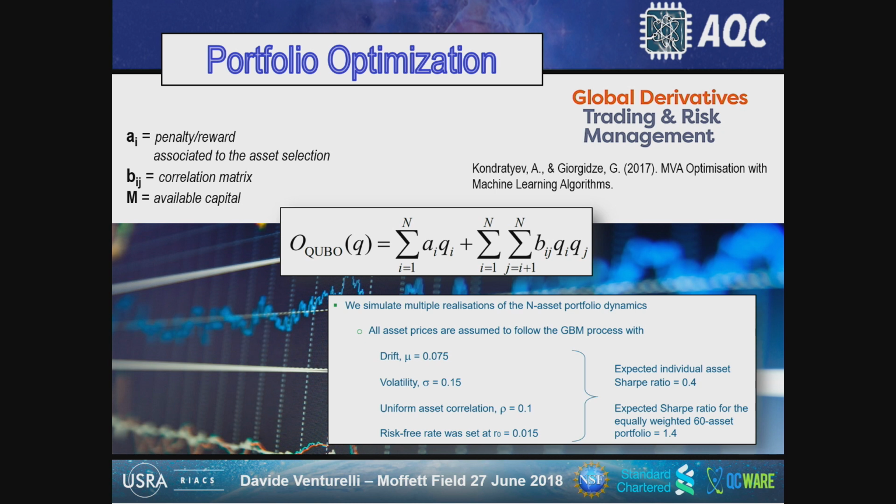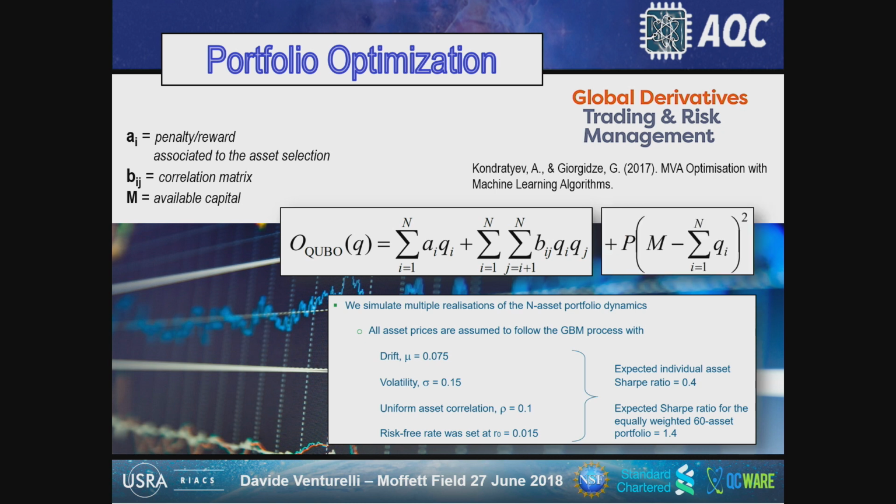And of course, these coefficients are derived out of financial data. This is the case also for the test case that we're going to do. They are essentially related to the Sharpe ratio, which is a measure of the expected return of an asset over time.